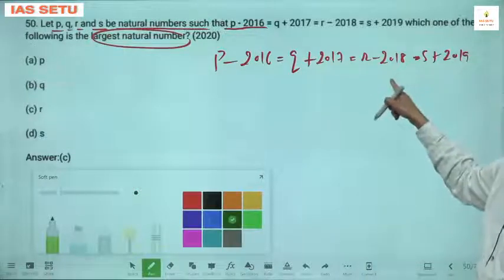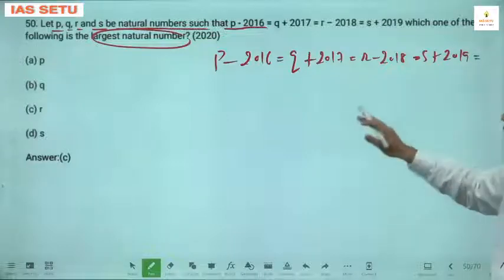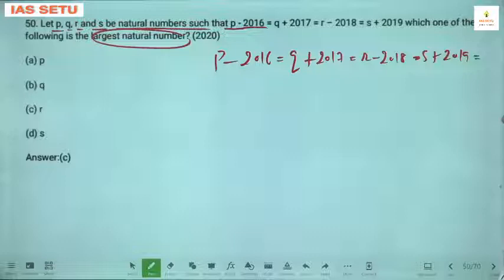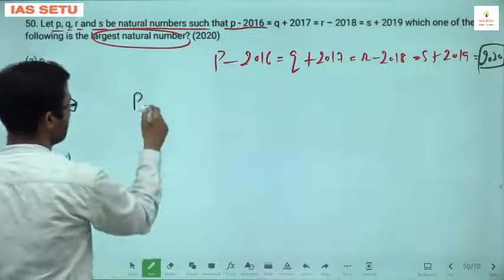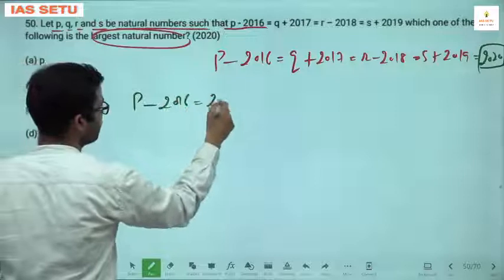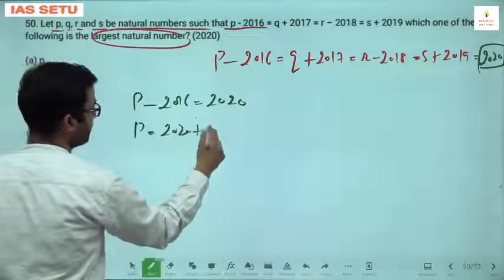I assume this value will come to 2020. Total has to be 2020. You can take 4000, 5000, it doesn't matter. P minus 2016 is 2020. Take that to the other side, so P will be 2020 plus 2016.